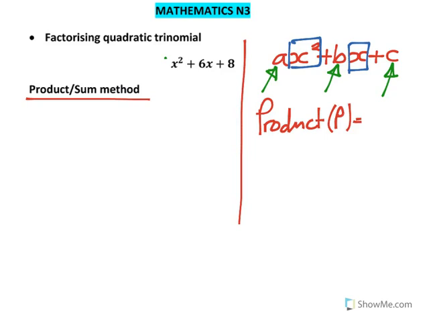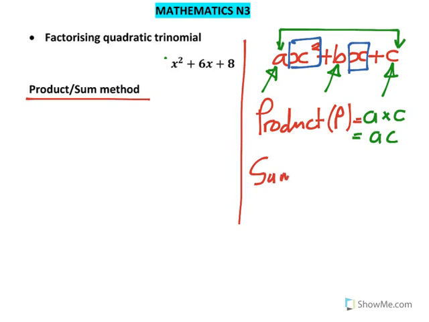P for product. We are going to take the number a and the number c, and multiply them. In other words, it is a times c. So the product will be ac. Now, what about the sum?